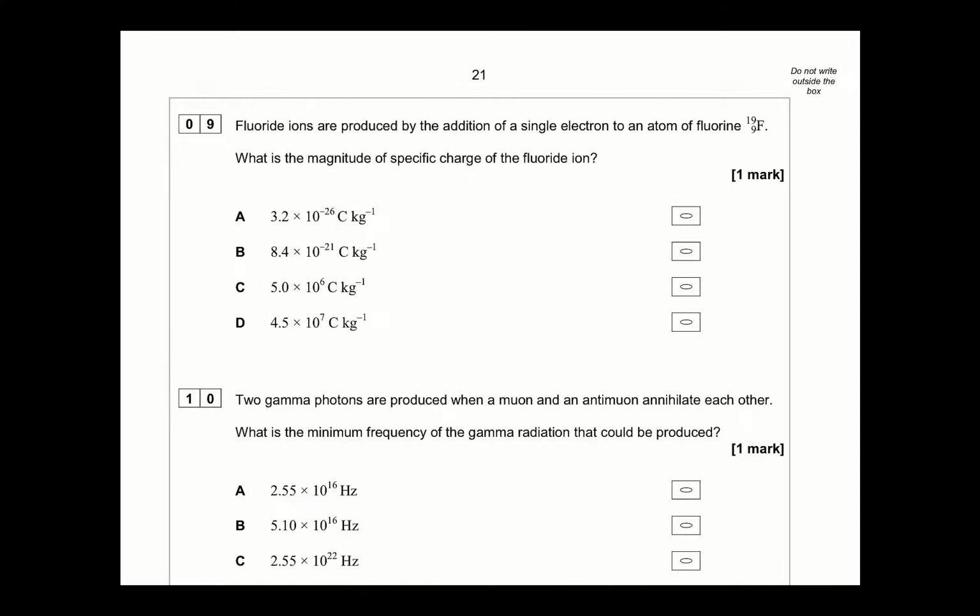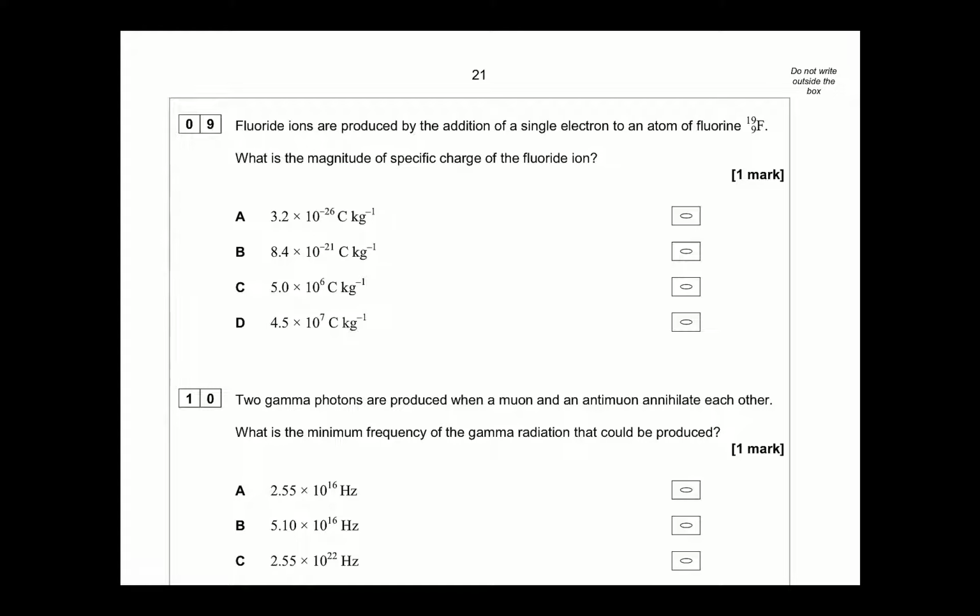So, fluoride ions are produced by the addition of a single electron. What is the magnitude of the specific charge of a fluoride ion? Alright, so it's 9 plus 1.